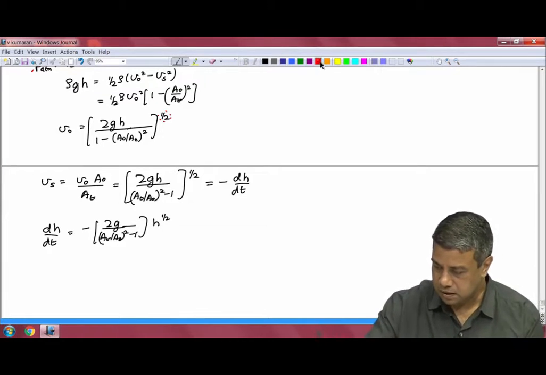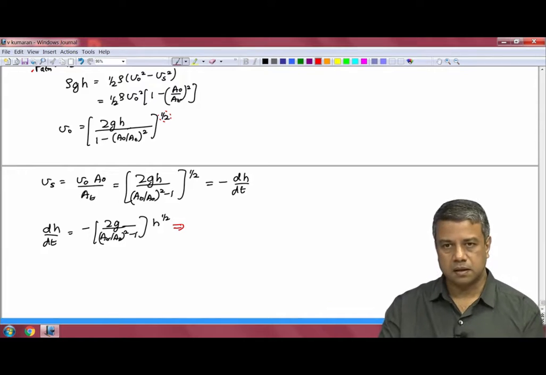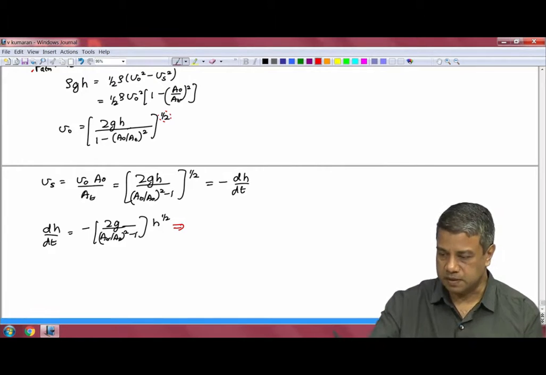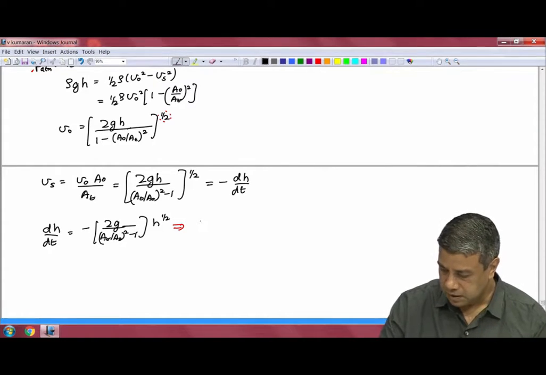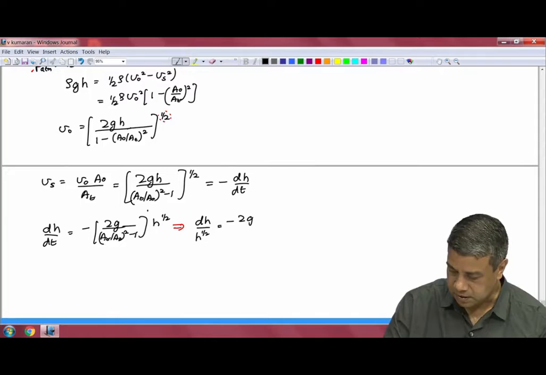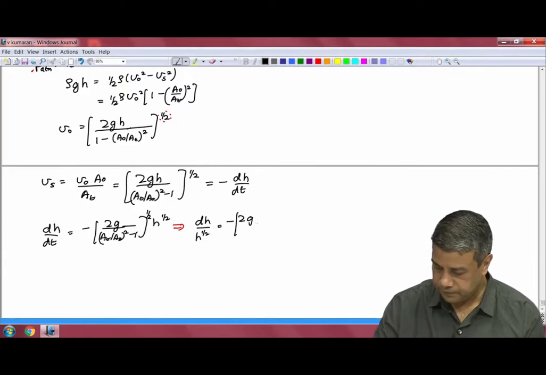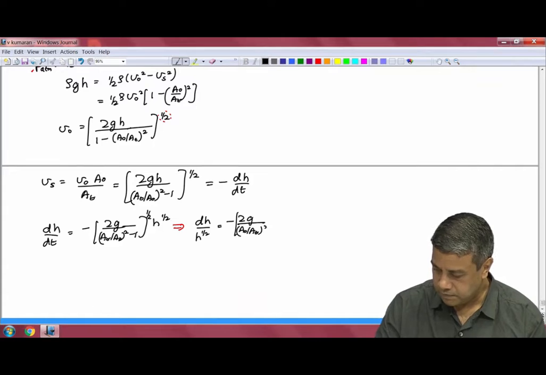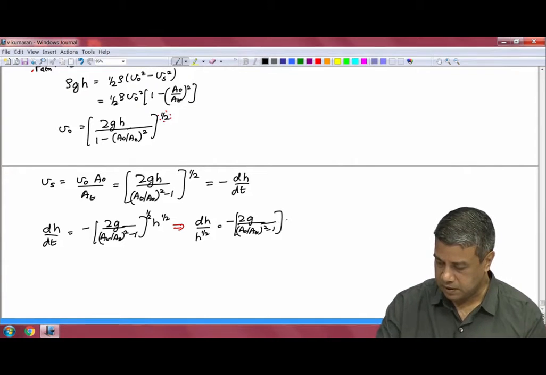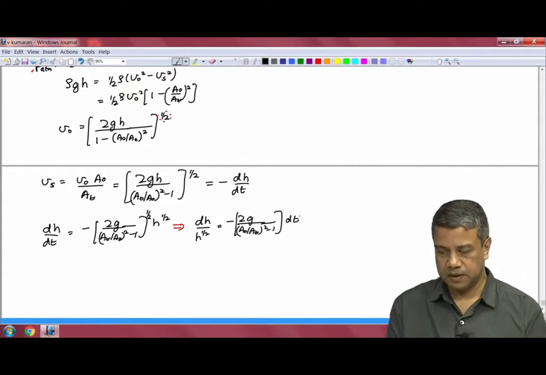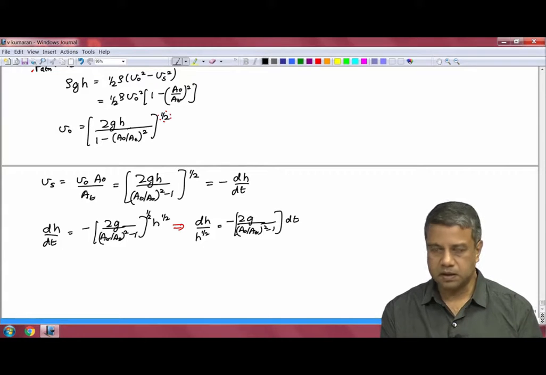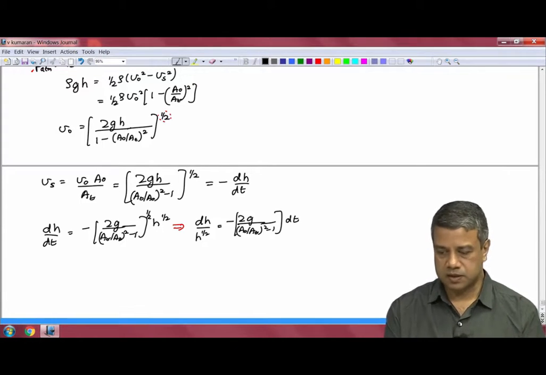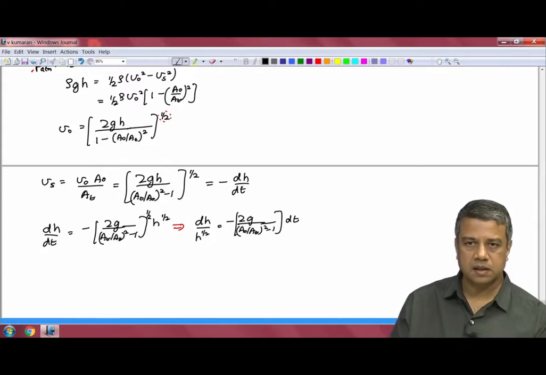Or I can multiply by dt and divide by h power half, and I will get dh by h power half is equal to minus the square root of 2g by ((At by A0) the whole square minus 1), times dt. Integrate both sides with the initial condition.